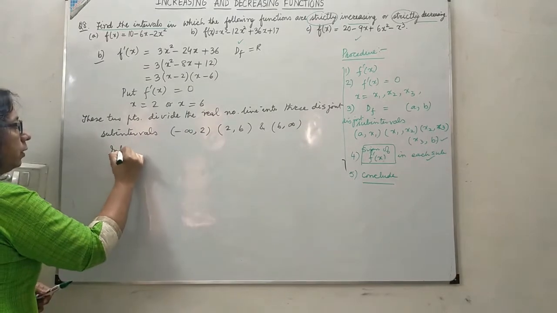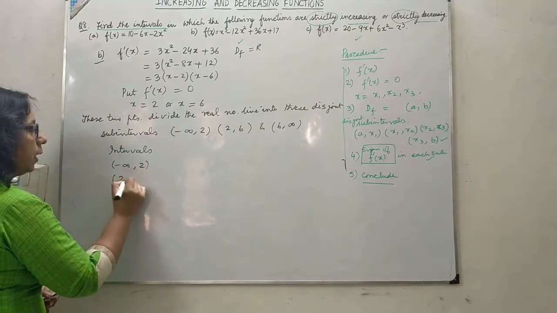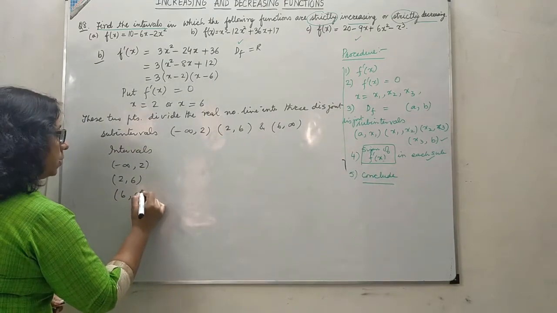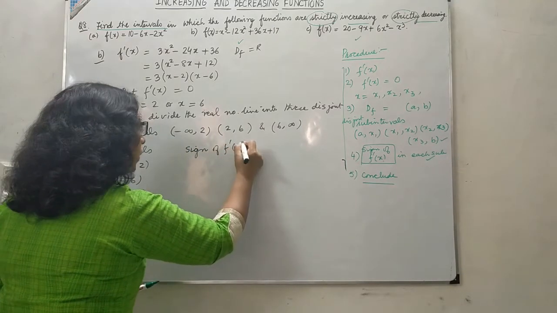For these intervals, I will take a point and check the sign of f dash x as we have stated in the procedure. Now this is the table I am making, you can also do it this way.